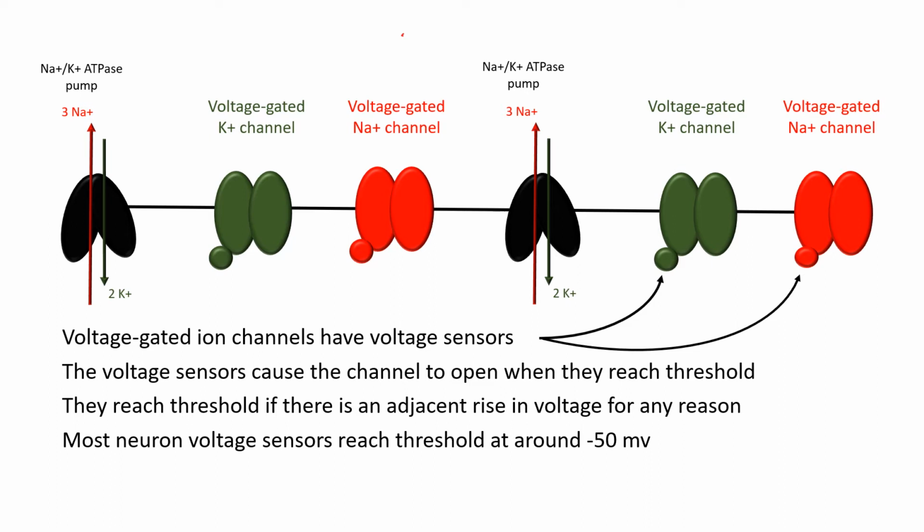So it's increasing, it's going up on a graph if you like. From minus 70, when those channels experience an environment around them that has a positive charge, they reach threshold when that charge gets to about minus 50 millivolts.